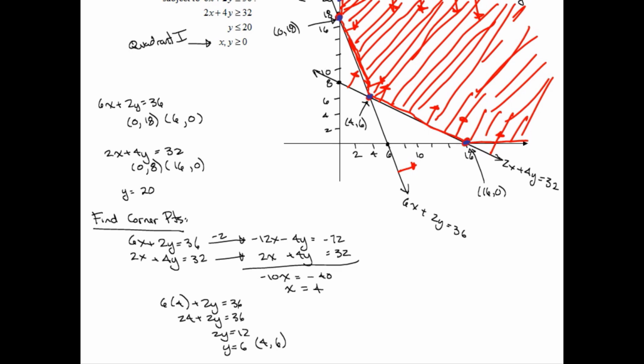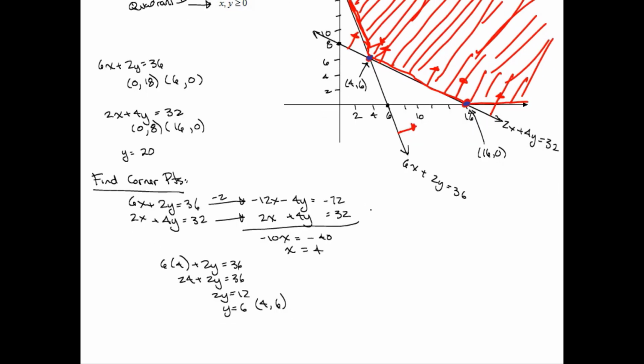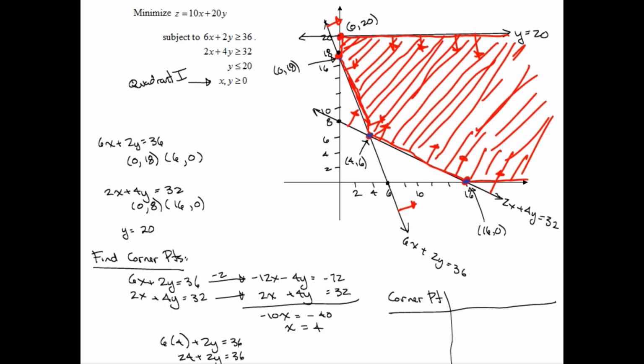So we make a table that has our corner points and our objective function. What was our objective function? Z equals 10x plus 20y.